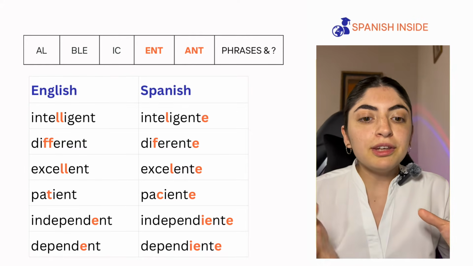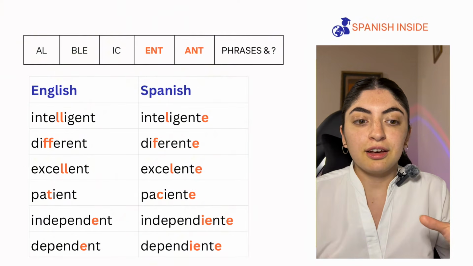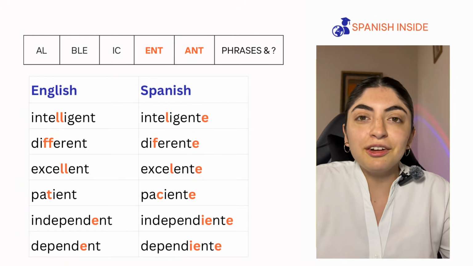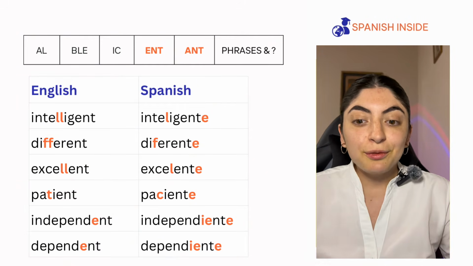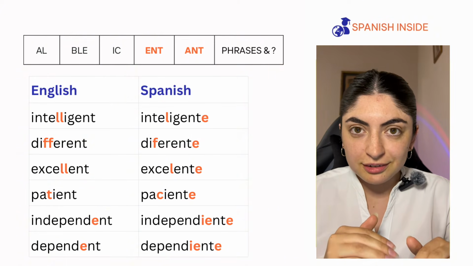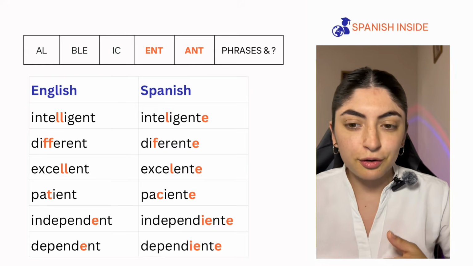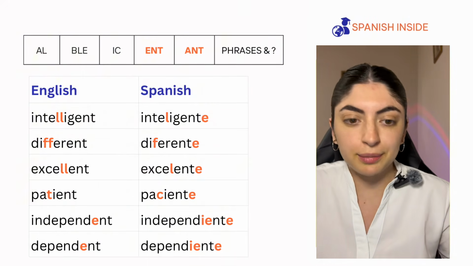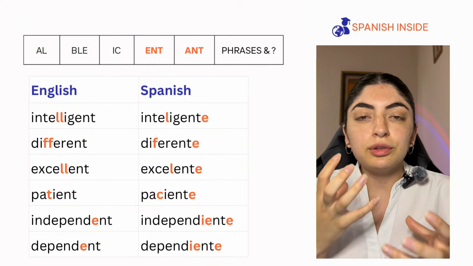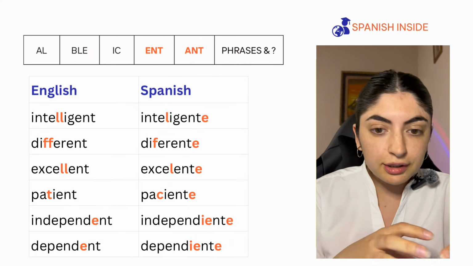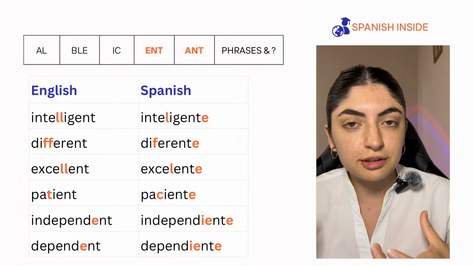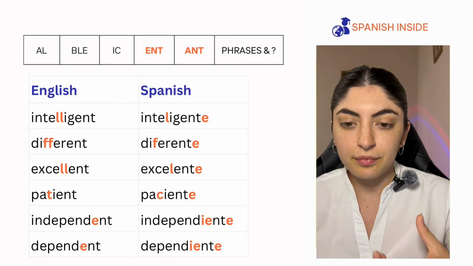Now, maybe you are seeing this and think, what? This is so easy. How didn't I realize it before? Well, that is why you understand it better when you read it than when you hear it, or even when you actually speak it. Because, in the classroom, I know that working on your reading is not the same as your listening. That's why it's so important to work your listening.